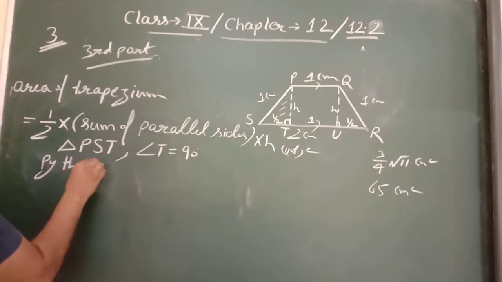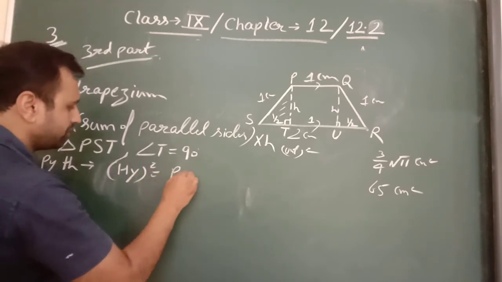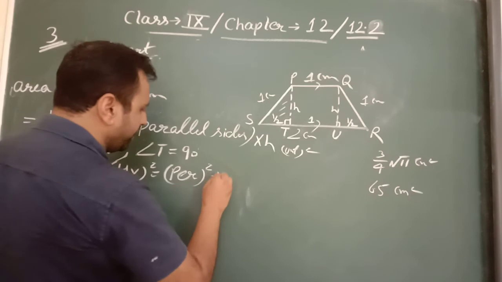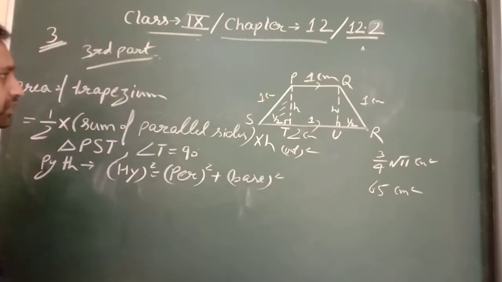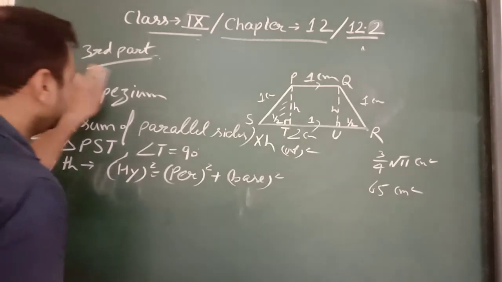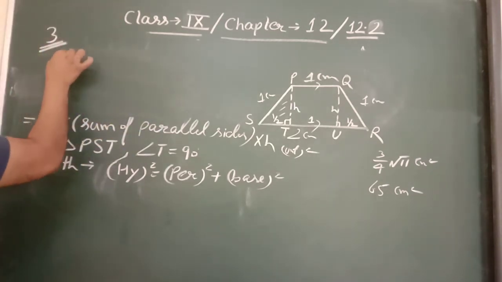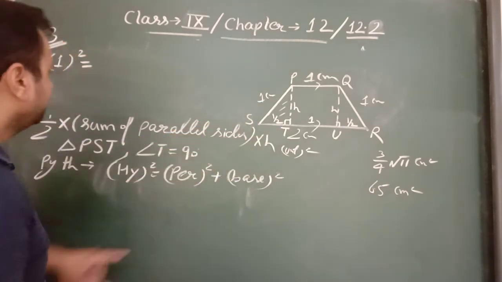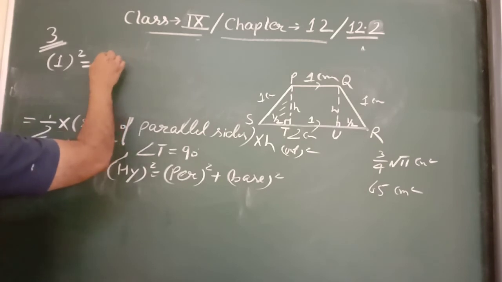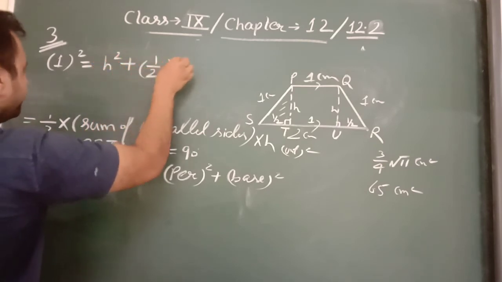So what is the Pythagoras theorem? Hypotenuse square is equal to perpendicular square plus base square. Now put the value. What is the hypotenuse? The side opposite to 90 degree is called hypotenuse, and the perpendicular is h and base is 1/2.